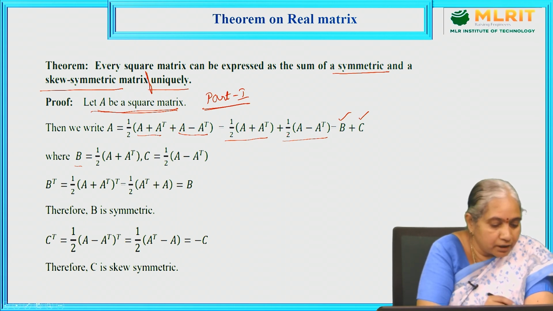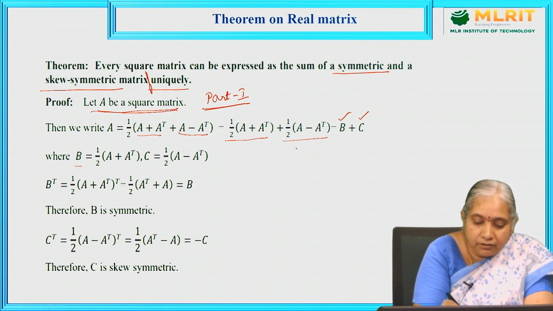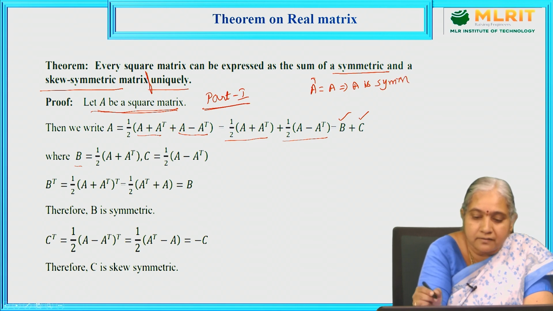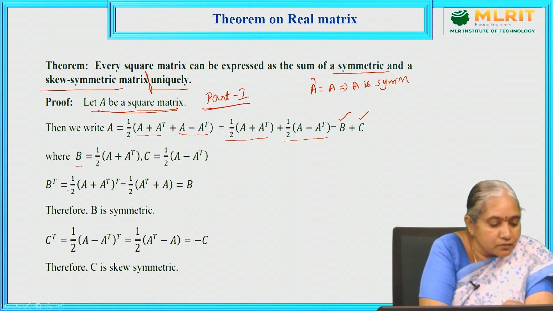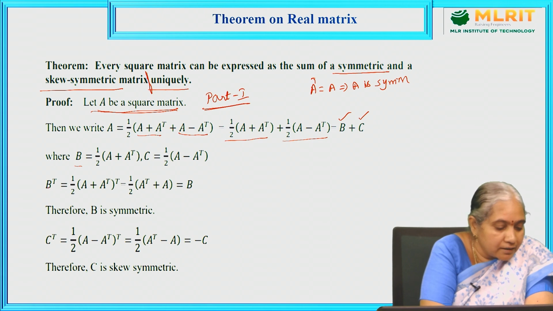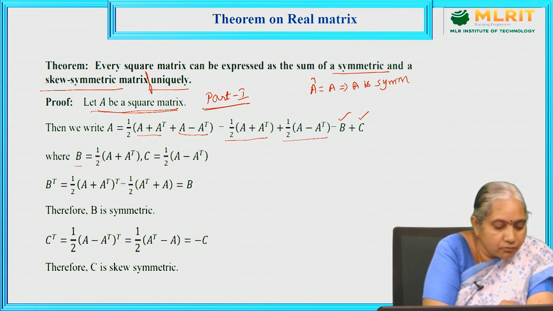So first we prove that B is a symmetric matrix. What is the definition of a symmetric matrix? If A transpose equal to A, then we say that A is a symmetric matrix. Similarly, we have to prove that B is a symmetric matrix. So find the transpose of the matrix B, that is B transpose equal to 1 by 2 into A plus A transpose whole transpose. 1 by 2 is a real number.